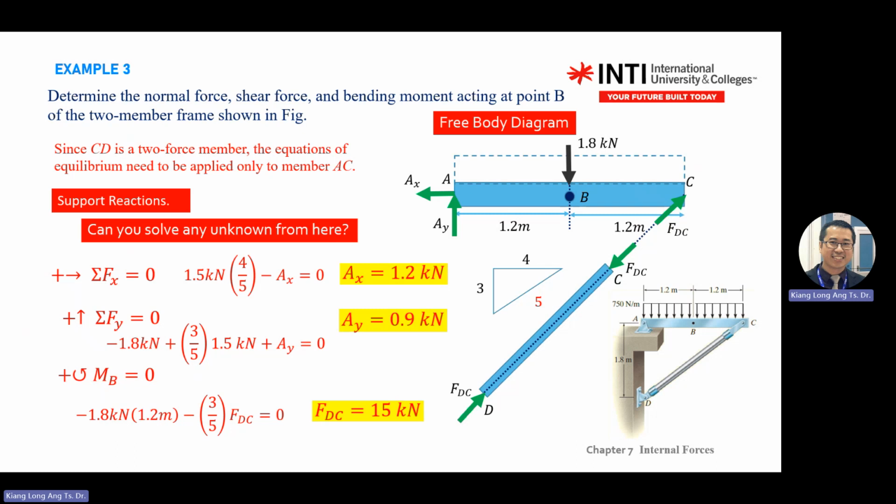All the moment in A, 0. Anticlockwise positive.